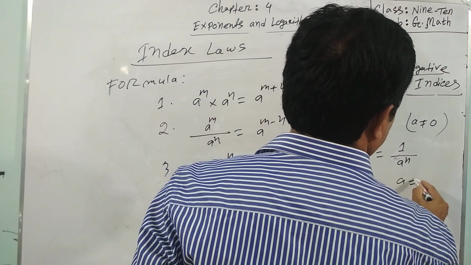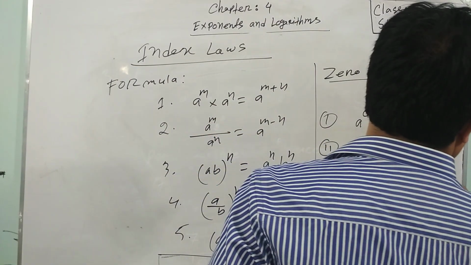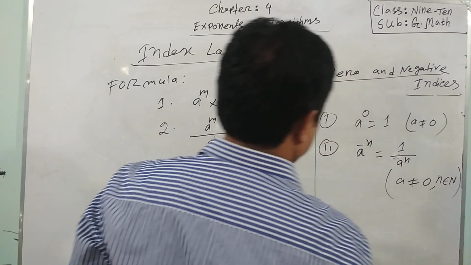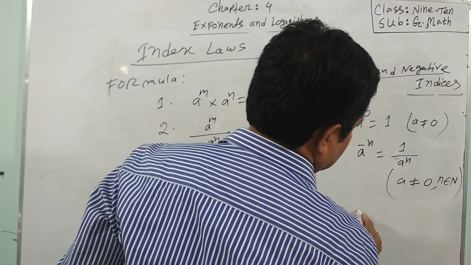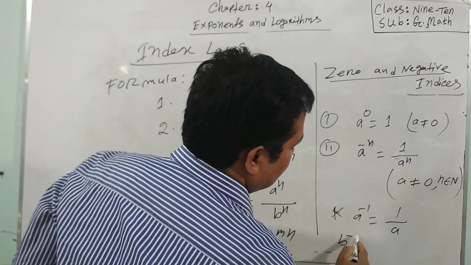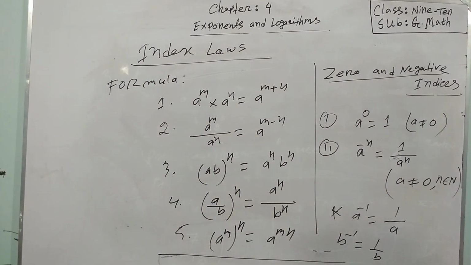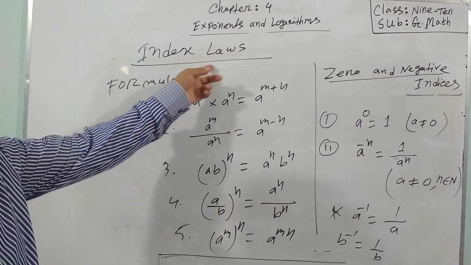Here a is not equal to 0 and n belongs to the natural numbers. Another formula: a inverse 1 is 1 by a. Similarly, b inverse 1 is 1 by b. These are formulas of exponents, also called the index law.